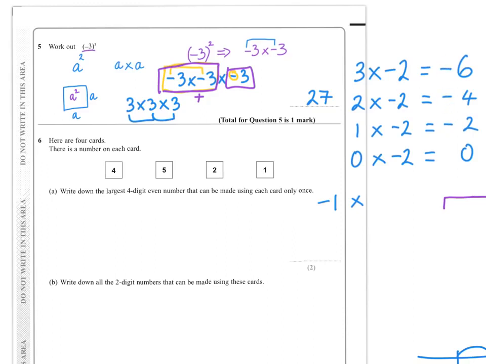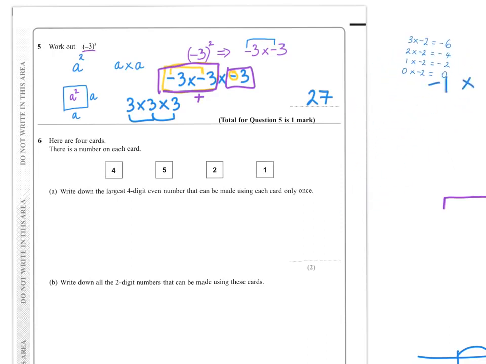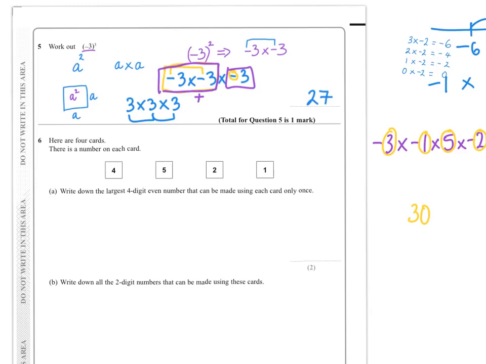So one other way that I've done over the years is to just look at some numbers, and we'll look at that quickly here. If I just had -3 times -1 times 5 times -2, say, you can either look at the numbers first and just do 3 times 1, which is 3, times 5, which is 15, times 2, which is 30, and look at the signs afterwards.